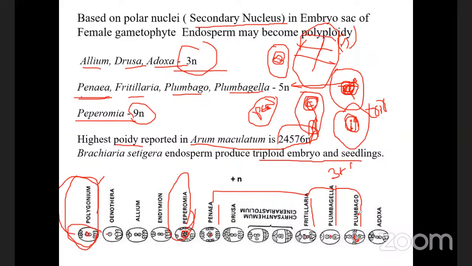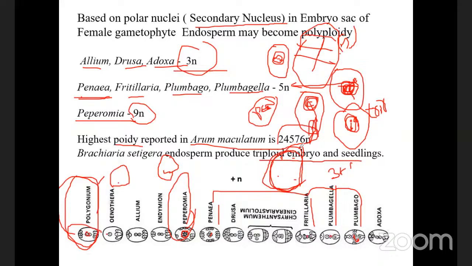That means the 4 nuclei remain after reduction division. They can participate in the development of the embryo sac. If only one nucleus participates, that is the monosporic type. If 2 nuclei participate, that is the disporic type. If all 4 nuclei participate in the embryo sac development, that is the tetrasporic type.